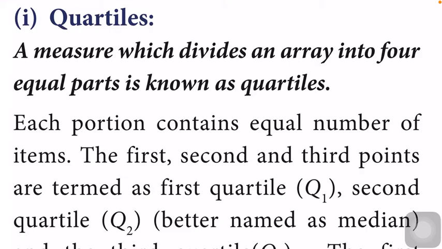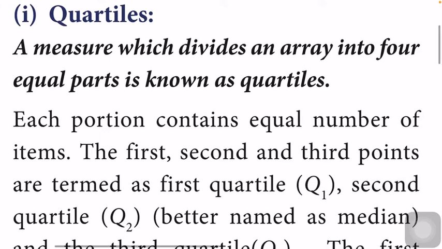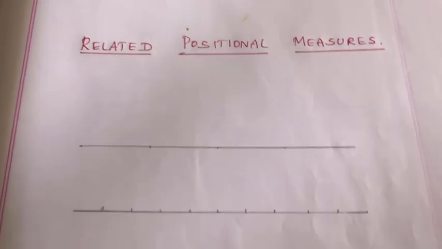Quartiles: a measure which divides an array into 4 equal parts is known as quartiles. So quartiles divide the array or the series into 4 equal parts, and each portion contains an equal number of items.